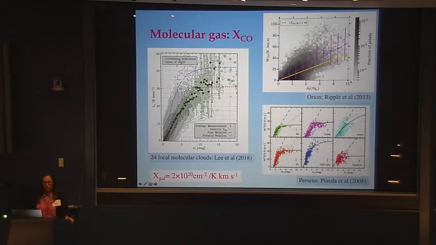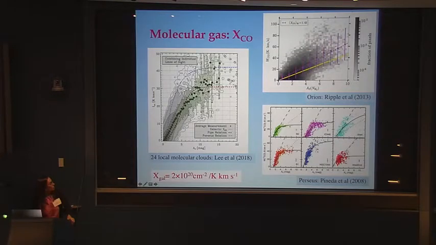This is showing 24 local clouds, using Planck observations to calibrate XCO. The green here is the average for these clouds. The blue is for Perseus, the average over the whole Perseus cloud. This is an average over another cloud, the Pipe cloud.